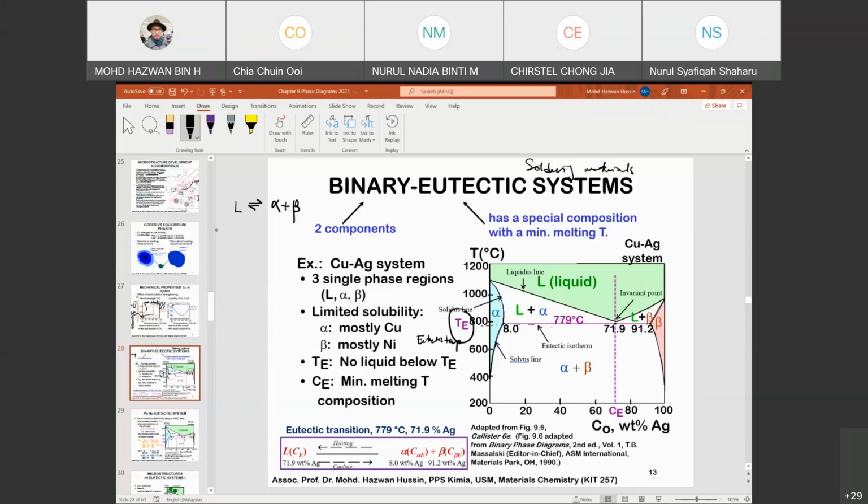As I told you, for eutectic system, this alloy has a special composition that melts at a lower or minimum melting temperature. So over here you have a mixture of liquid plus alpha. It still has a solid, it still has a liquid, but beyond this temperature you will have only solid, and the solid will be a mixture, alpha plus beta.